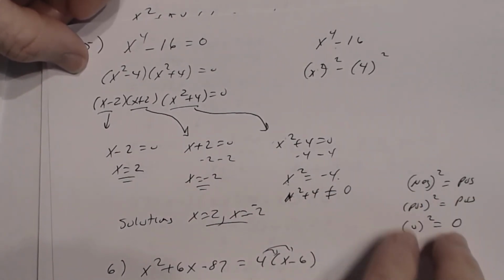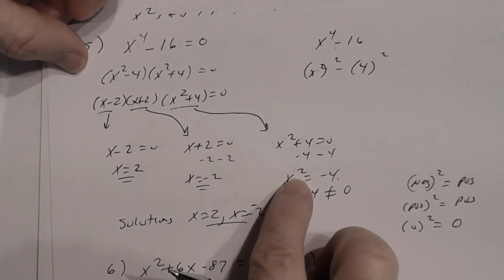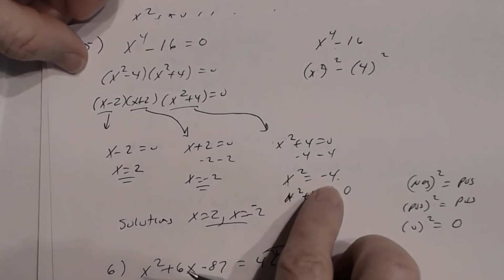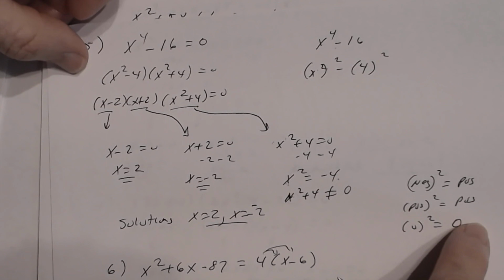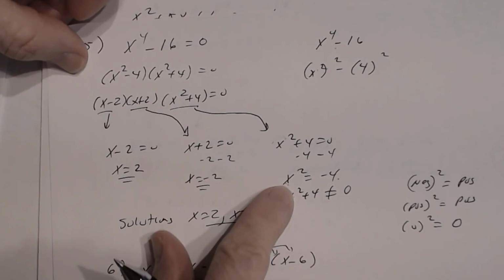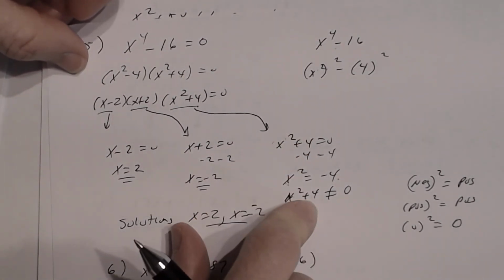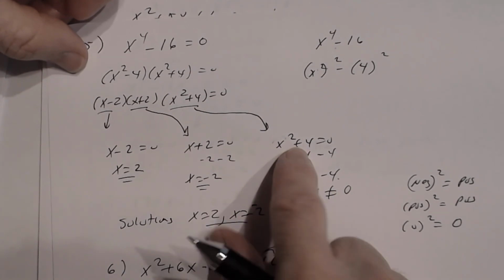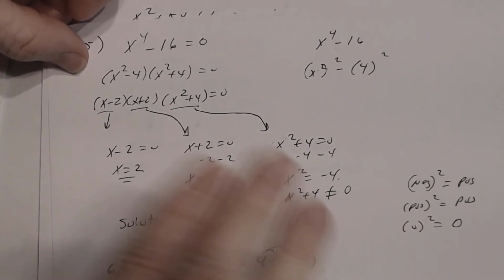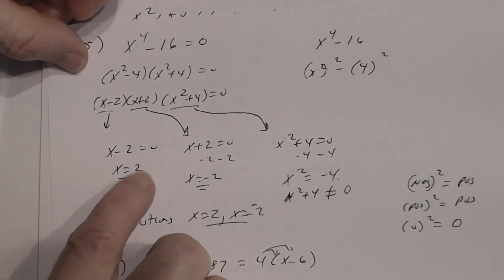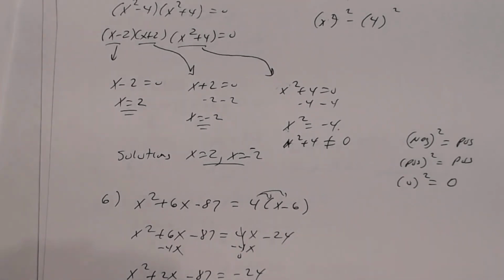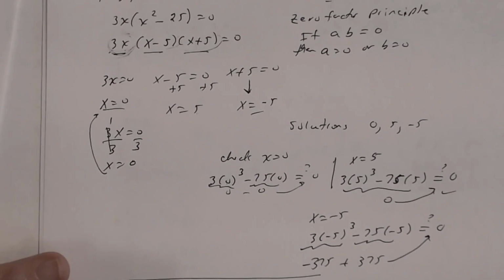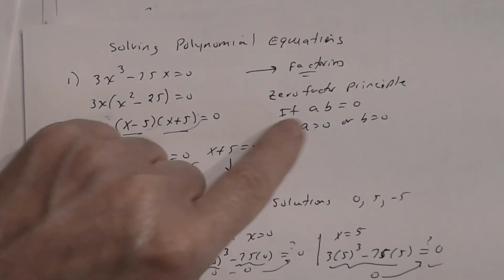That's where we had the discussion that x squared is never going to be negative. X squared is always positive or 0. So a negative squared is positive, a positive squared is positive, 0 squared is 0. It's never negative. We're also going to talk about this in a later section. Some of you may remember the word imaginary. So when we solve this, this is actually going to be imaginary solutions. But in this lesson, we're only looking for real solutions. All right, so that is the end of this lesson dealing with solving polynomial equations by factoring.